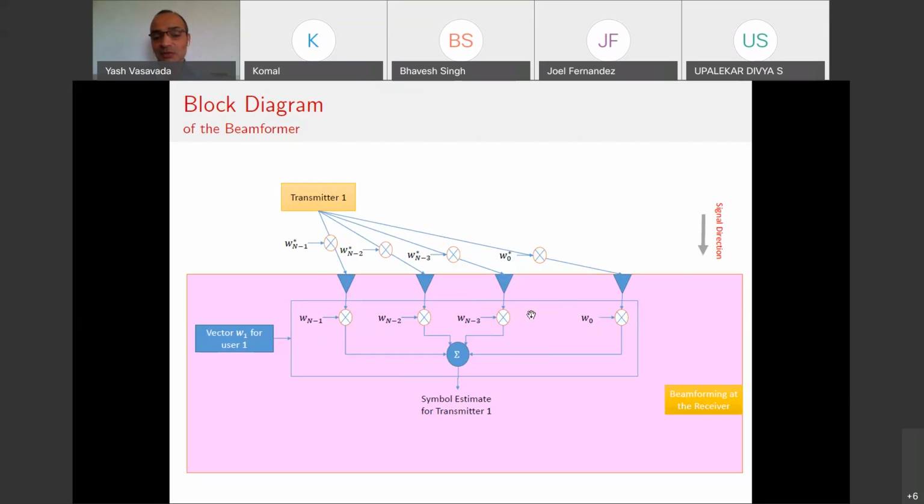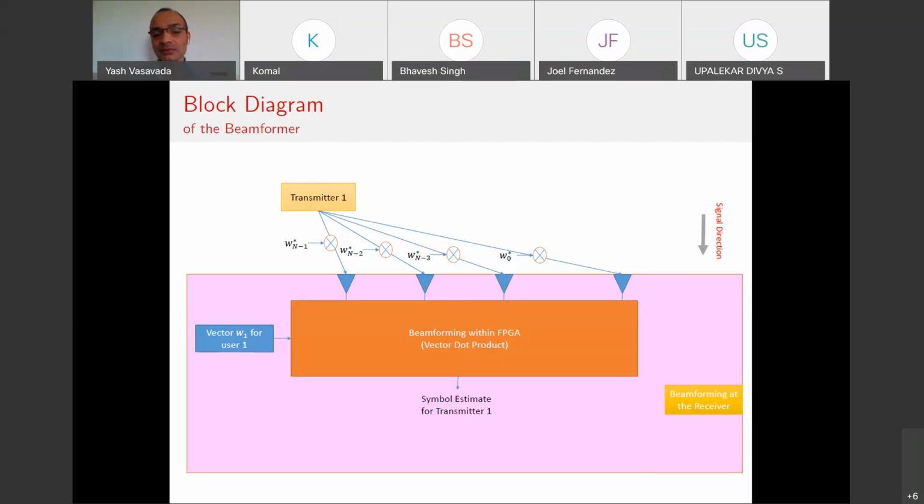In this case, it performs the filtering in the space, in the direction of arrival domain, is what we have studied at great length earlier on. So this is just a diagram of that mathematics that we have looked at.